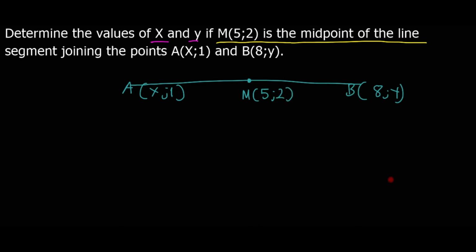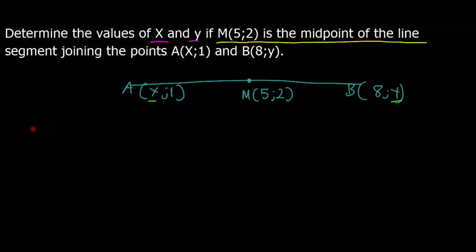but they don't give us the x coordinate for point A, and they don't give us the y coordinate for point B. This question needs us to find these coordinates, x and y, on A and B. But we know that when we have 2 points and we want a midpoint, we have a formula.